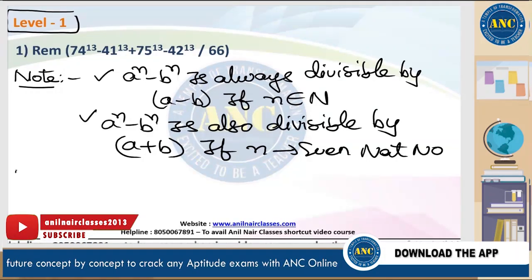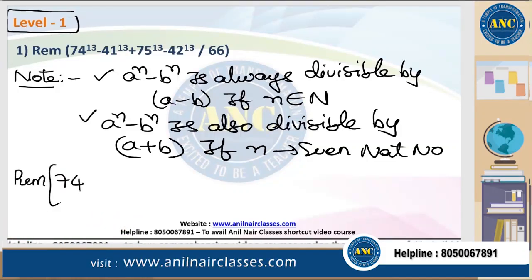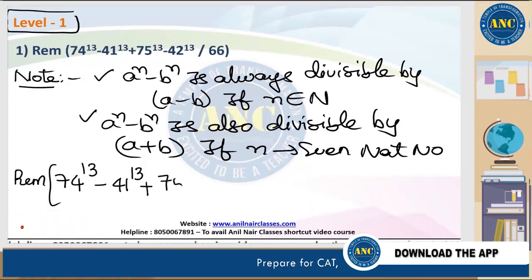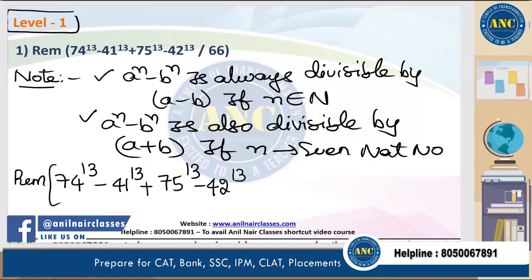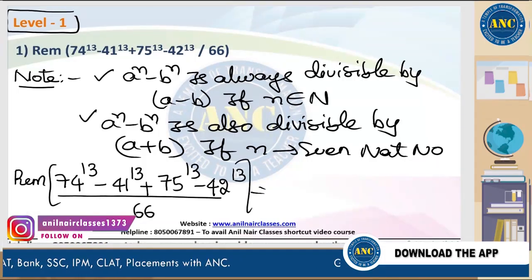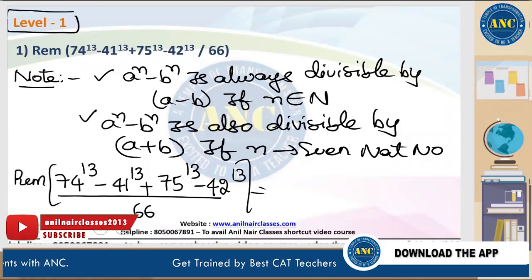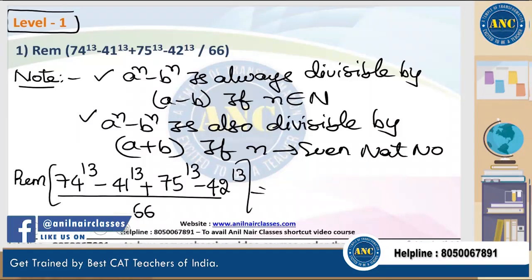Now if you see reminder 1, listen carefully to every solution which I am solving. 74 power 13 minus 41 power 13 plus 75 power 13 minus 42 power 13 divided by 66. Now if you listen carefully, first one, what is that we discussed? a power n minus b power n is always divisible by a minus b if n is a natural number.